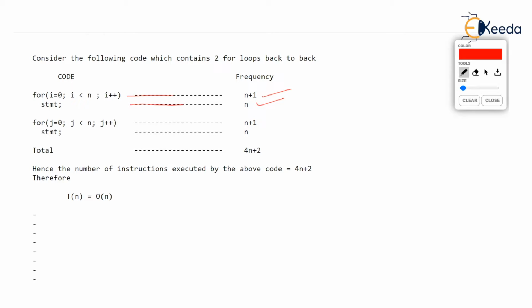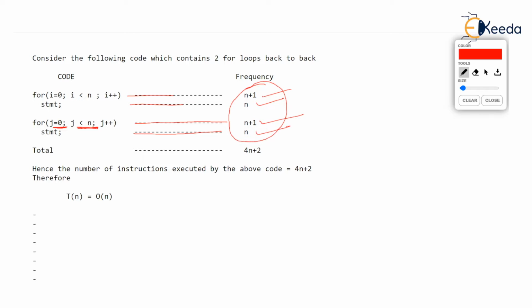Similarly, the second for loop is also running from 0 to n minus 1. So the for loop is going to be checked n plus 1 times and the statement will run n times. So that's the frequency count of the instructions that are getting executed by the code.